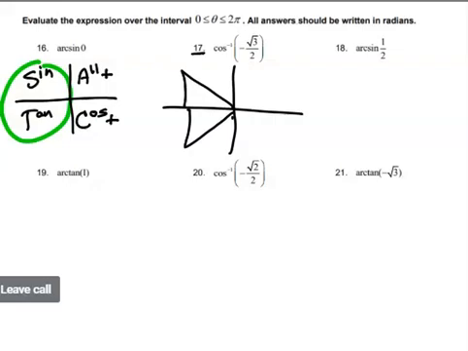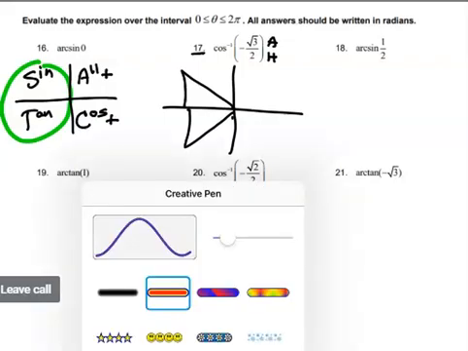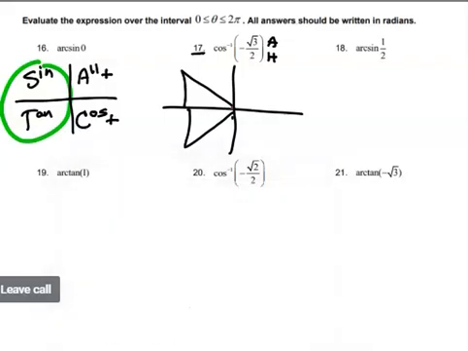And then I'm going to think, okay, cosine is A over H. So from the center, I'm going to label my opposite. Well, I don't know what my opposite is yet, but I know my adjacent is square root of 3. I'm not going to worry about where the negative is yet. And the hypotenuse is 2. With the bottom triangle, the adjacent is square root of 3 and the hypotenuse is 2.